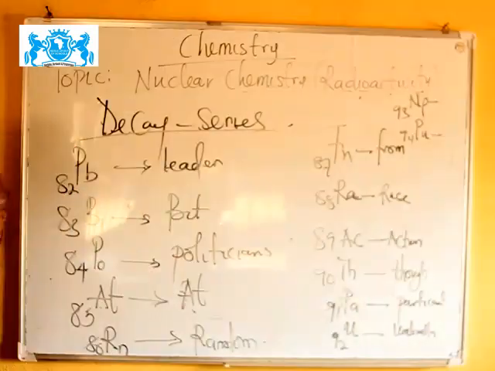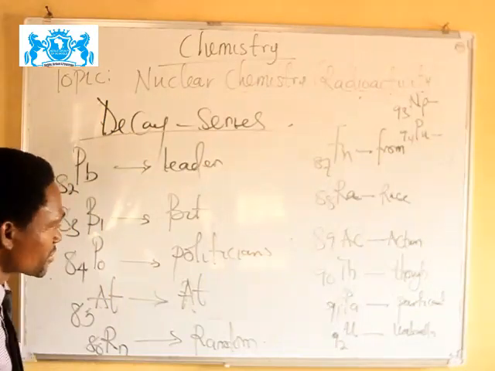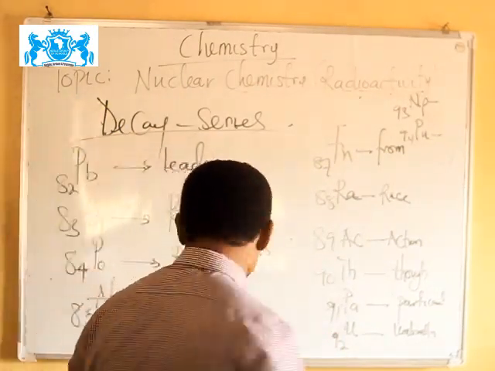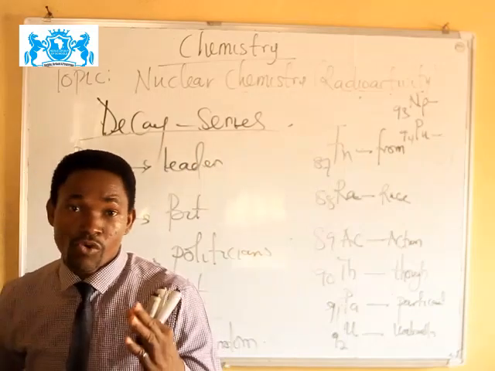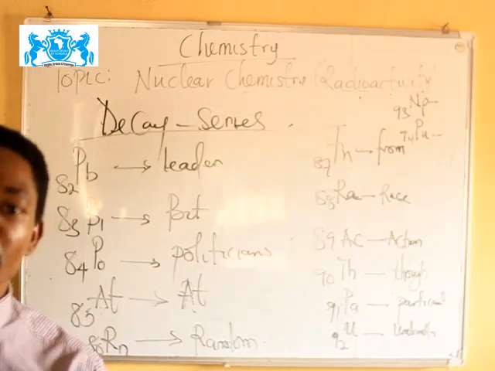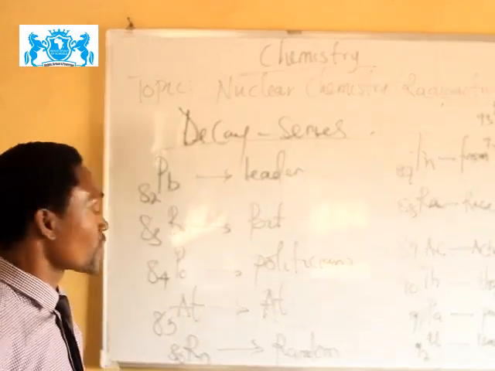These are the elements. If for instance I say an element undergoes 2 alpha decays and 2 beta decays, let's say uranium, atomic number 92, what is the stable nucleus that is produced?